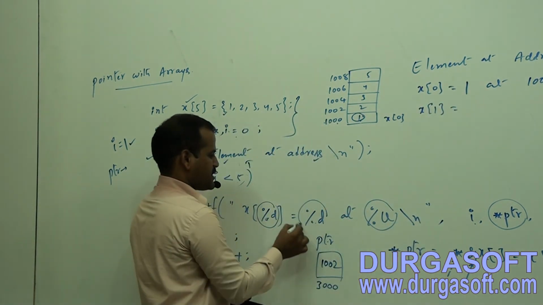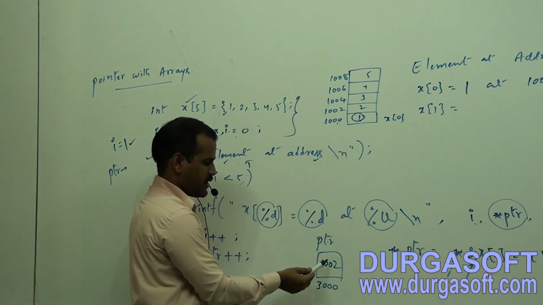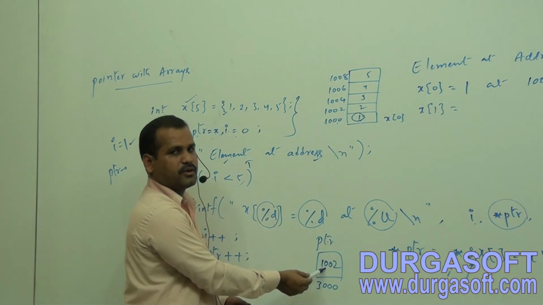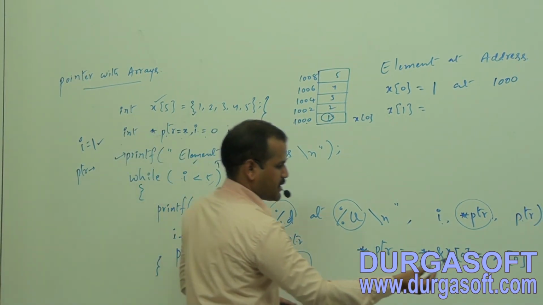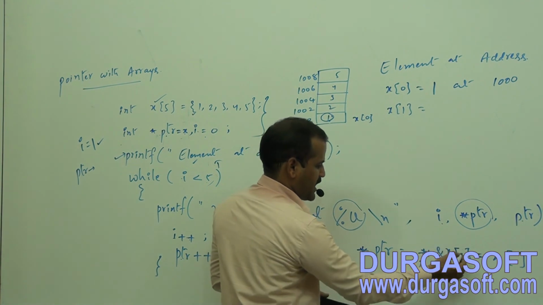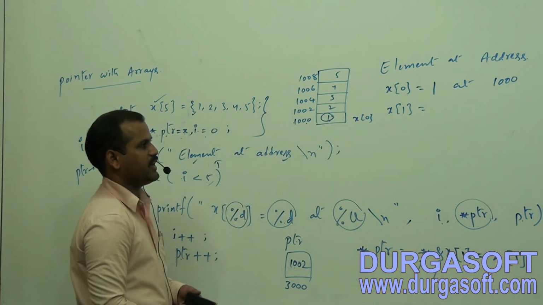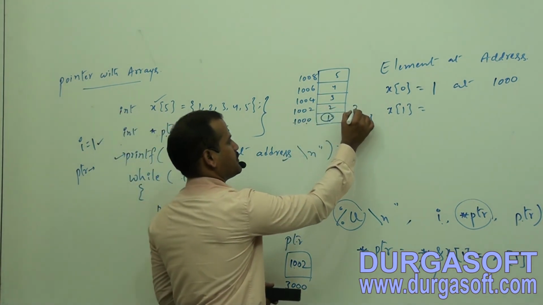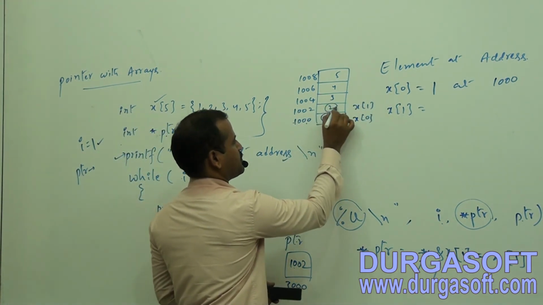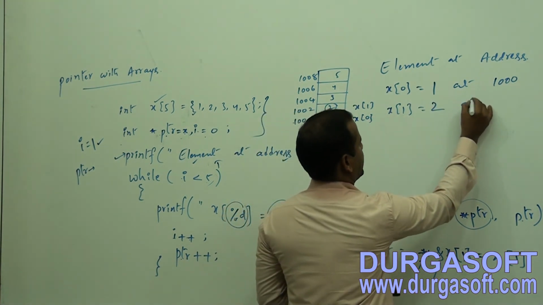Next, this %d indicates the value at this pointer address. This pointer now has address 1002. So the value at that pointer is the next element, x of 1, which is 2. So x of 1 is equal to 2.